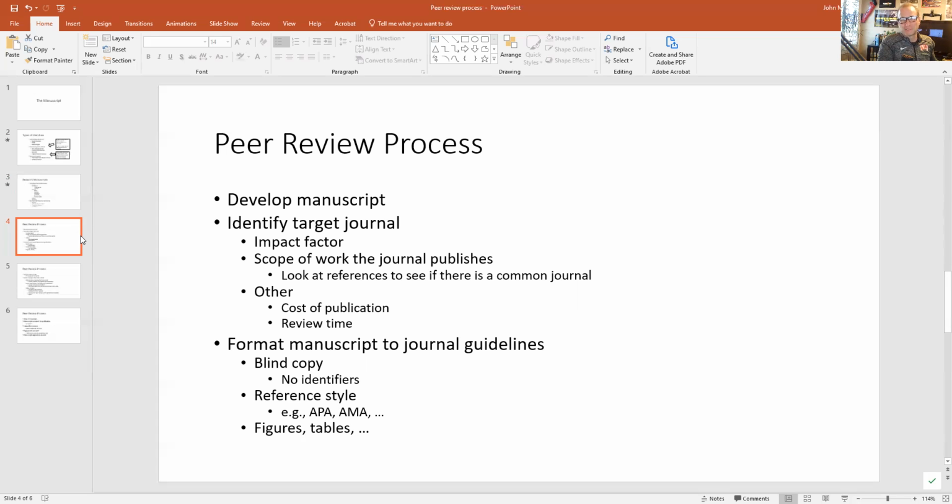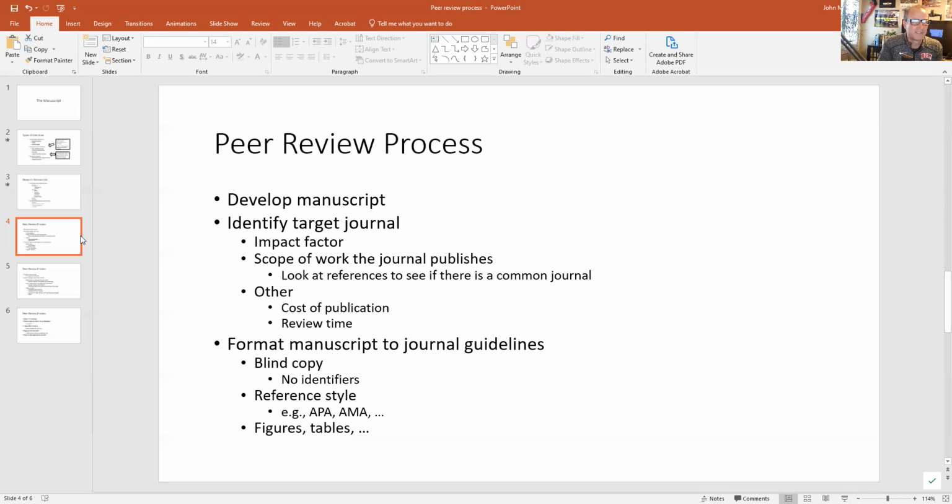Some well-established journals will have a high impact factor, but nevertheless, it's a value that we can assign to a journal and it gives us a sense of how well read that journal is. Sometimes we target high impact factor journals, and sometimes we look at mid-range or maybe even lower impact factor journals, all depending on the situation and the type of paper we're dealing with.